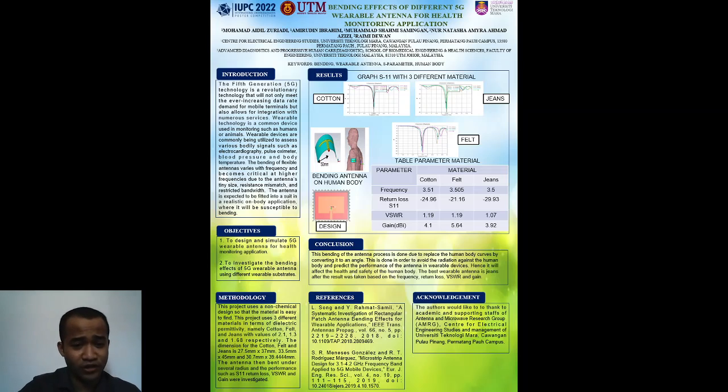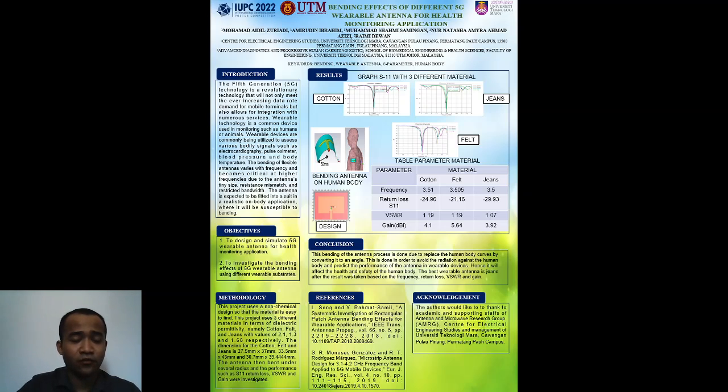For this project, it uses a non-chemical design so that the material is easy to find, which is felt, cotton, and jeans. These three different materials or substrates have different dielectric permittivity, namely 2.1, 1.3, and 1.68 respectively.